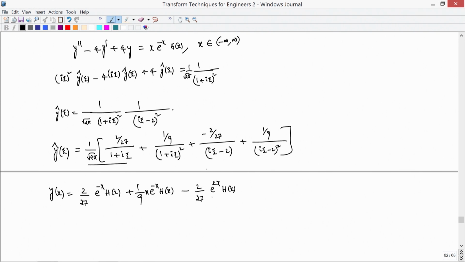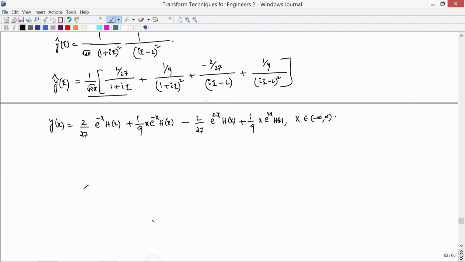If you calculate this Fourier transform, you will see it is this one, and this one will be plus 1 by 9 x e power 2x h of x, and this is valid from minus infinity to infinity.